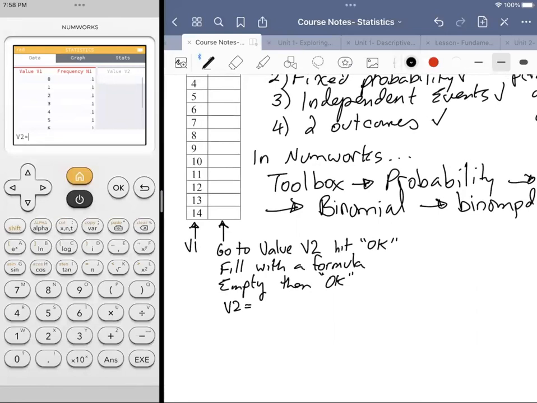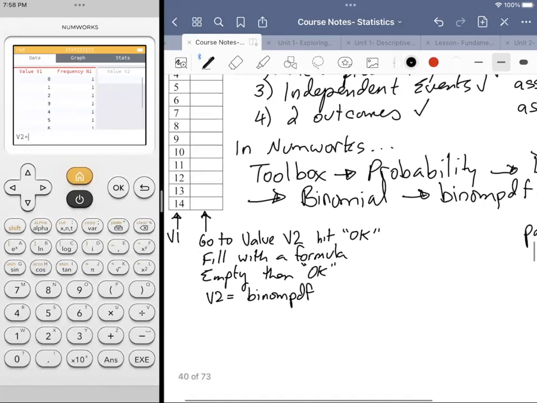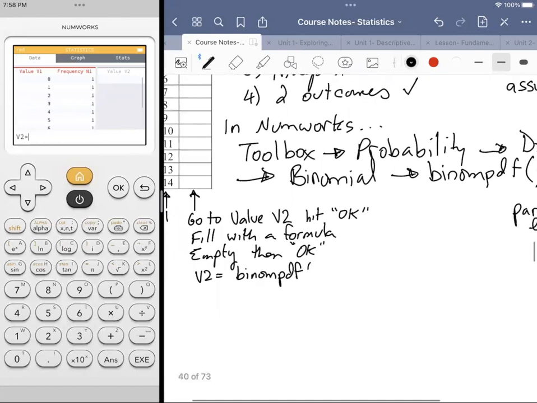All right, so we bring up the Binom PDF. Type in V1. We get the V by hitting Shift Alpha, division, and then just the number 1 after that.